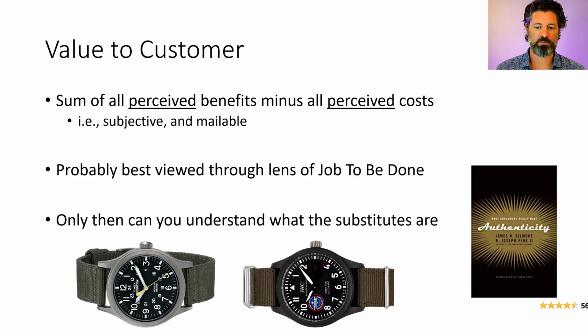When we talk about the evolution from commodities to experiences, one of the key attributes that people think about in this space is how authentic an experience is. So you could also probably get, at some point in the near future, a fake of this IWC field watch.